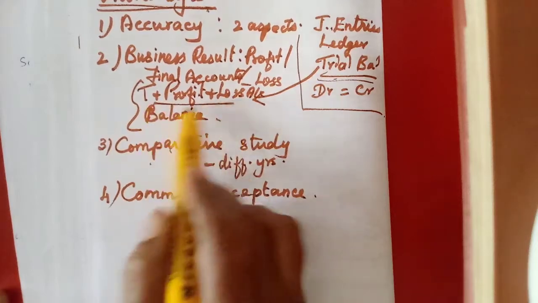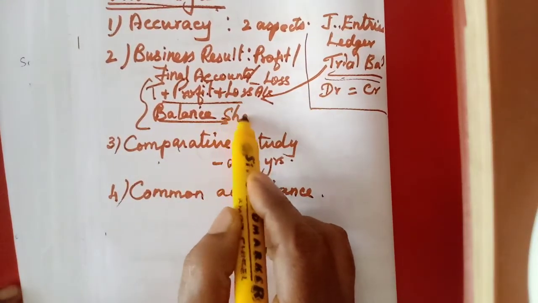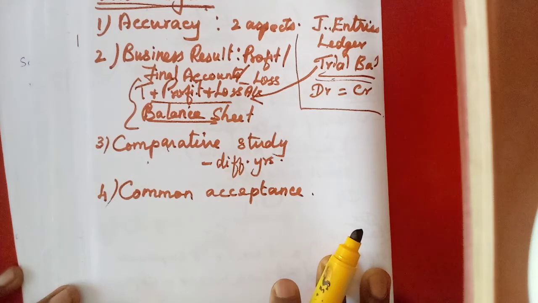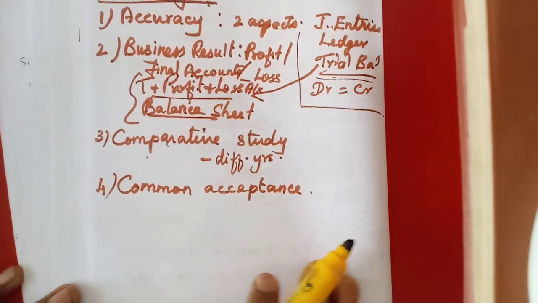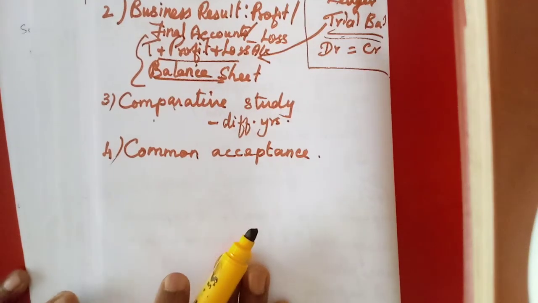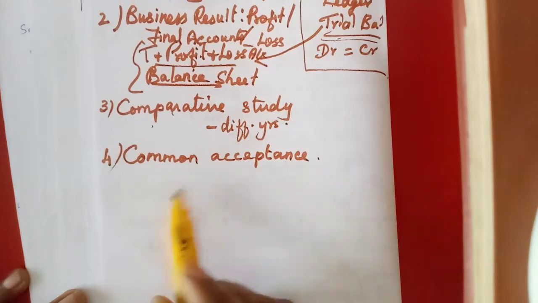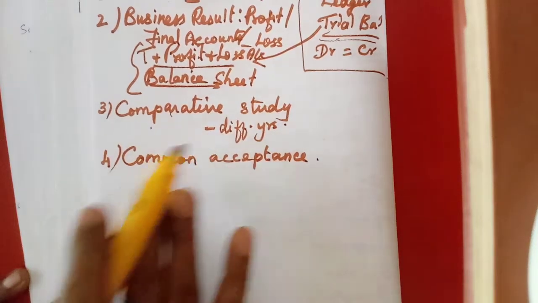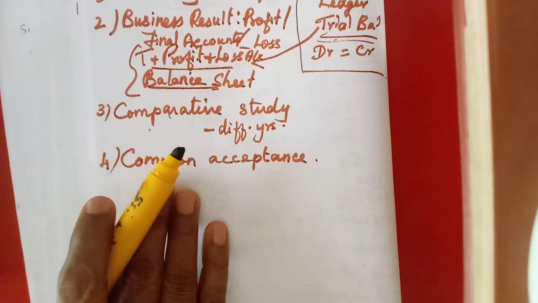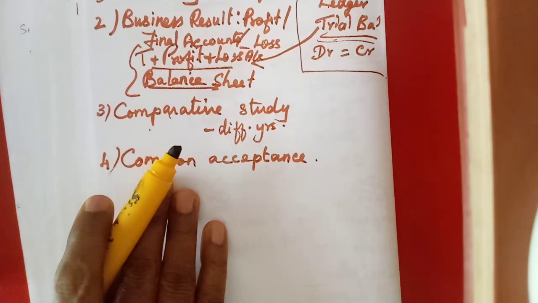These are accepted by all the people, even the management, the shareholders, all the users of financial information we studied, everyone, maybe the government, the researchers, the tax authorities. Even for a dispute in the court, they will ask for these accounts. So it is accepted by everyone since we follow the double entry system.